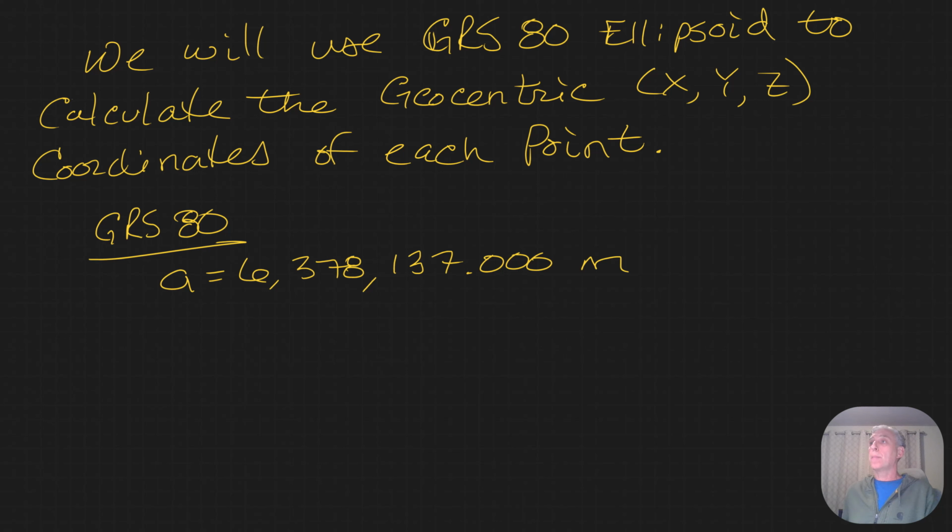We're given either F or 1 over F. Usually it's going to be 1 over F because it's more indicative of the definition of the ellipsoid as opposed to other ellipsoids. So for GRS 80, the 1 over F value is 298.257222101. You know what? That's unitless. That's a unitless number.